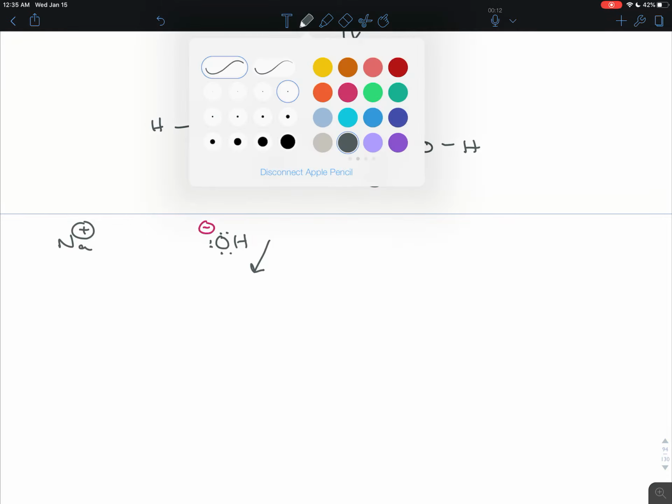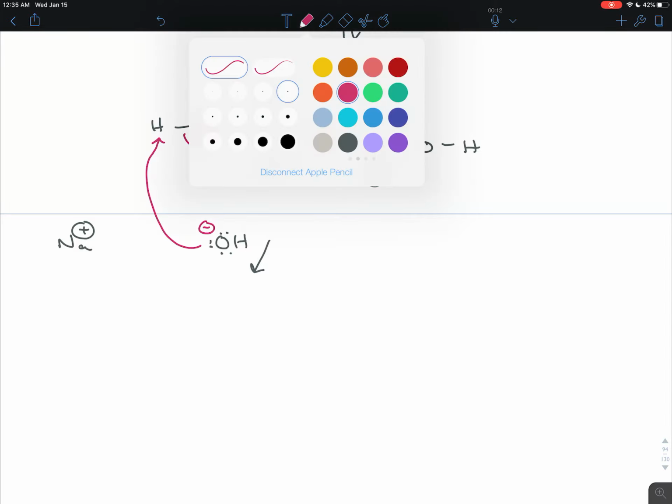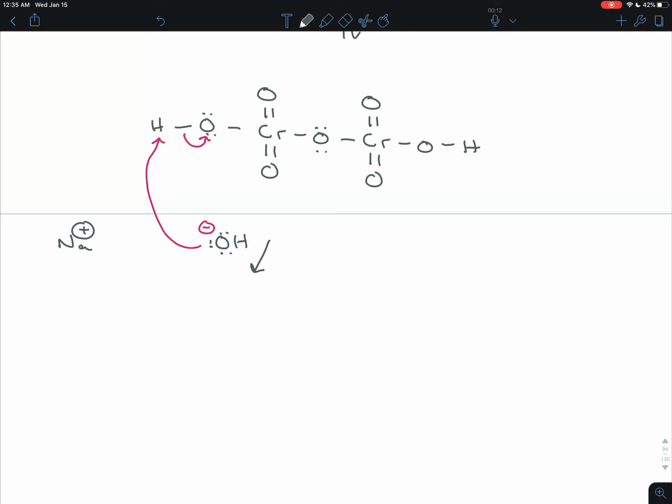The oxygen in the hydroxide can swoop in, steal the slightly positive hydrogen here, and send those electrons back onto the oxygen. Now, it can do that once on this hydrogen, and it can do it twice on the other hydrogen.